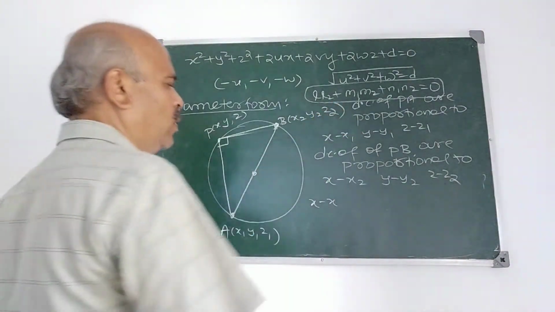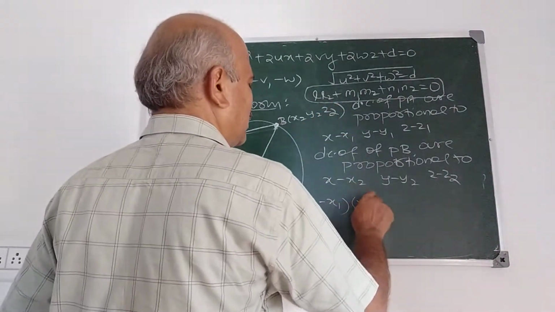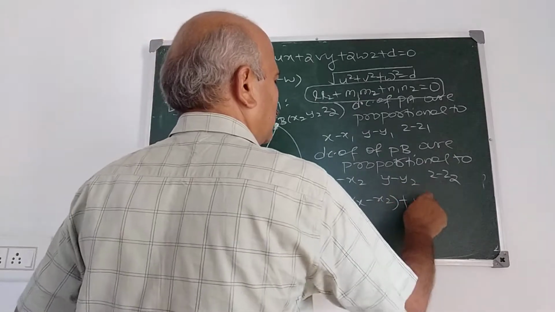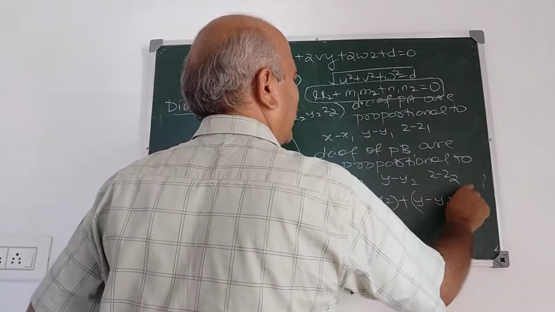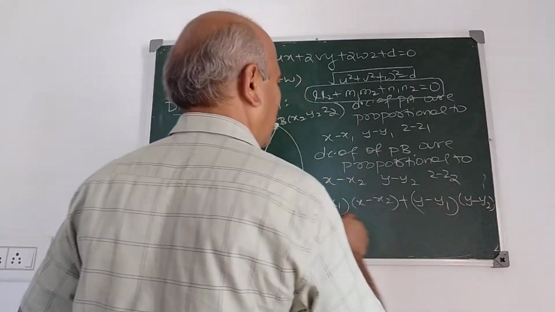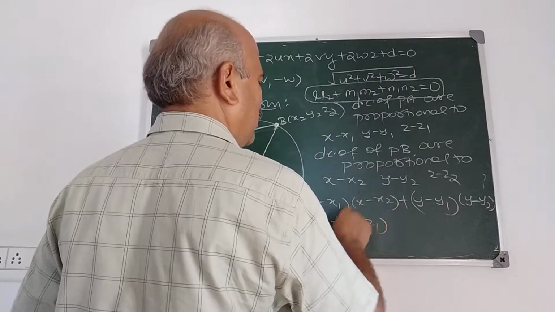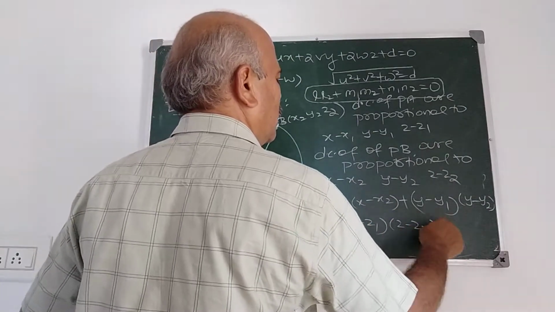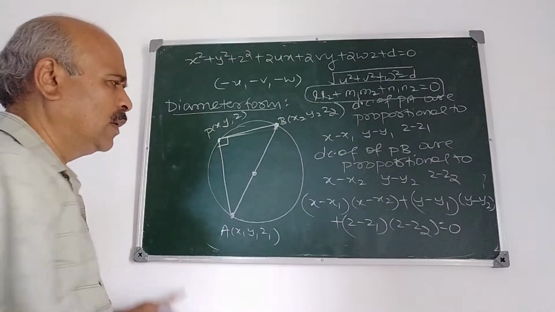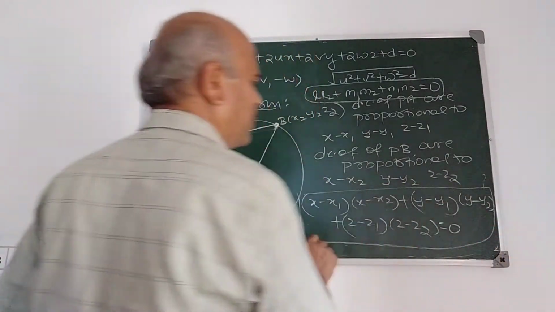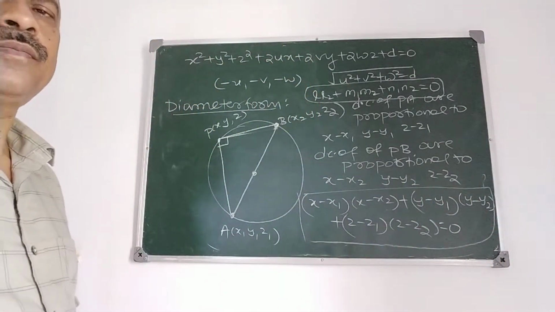Therefore, we have (x - x1)(x - x2) + (y - y1)(y - y2) + (z - z1)(z - z2) = 0. Now, this is the equation for the sphere.